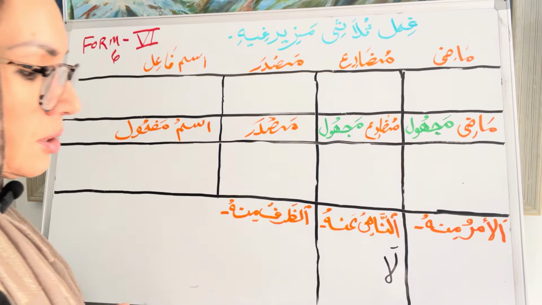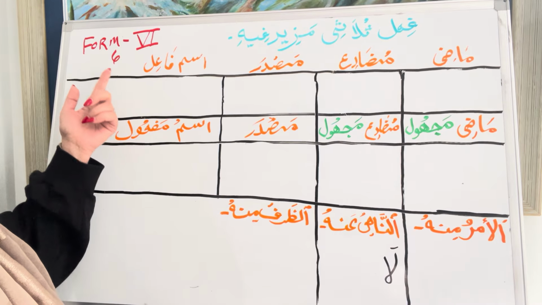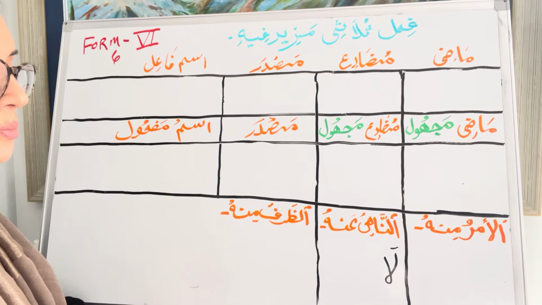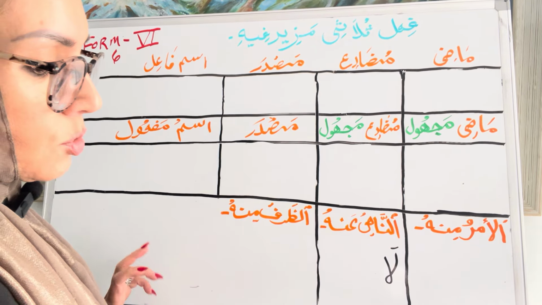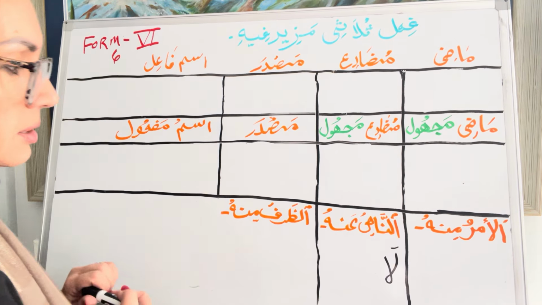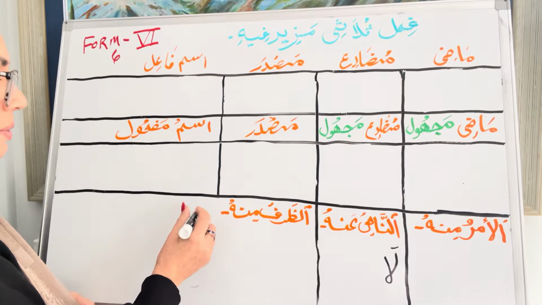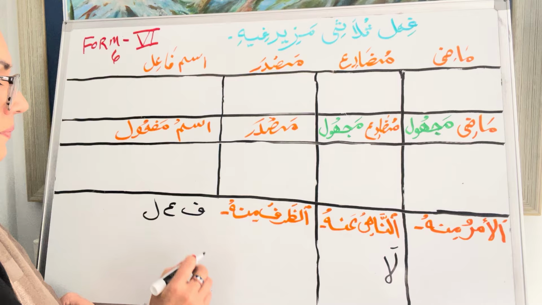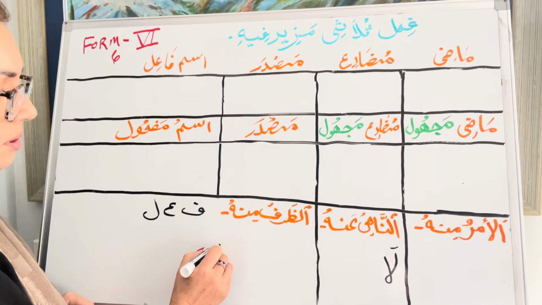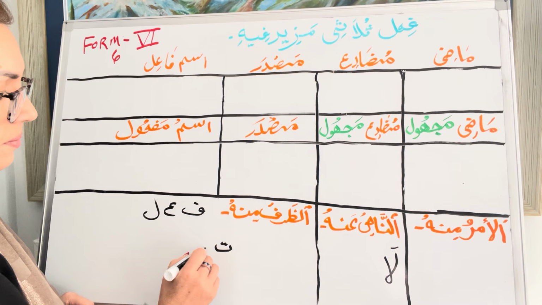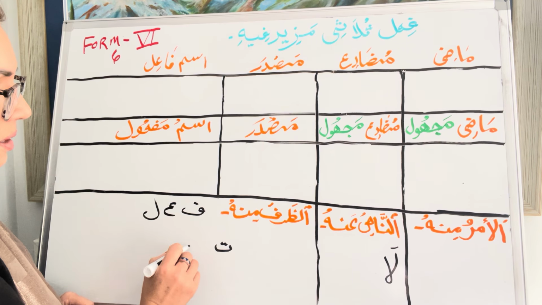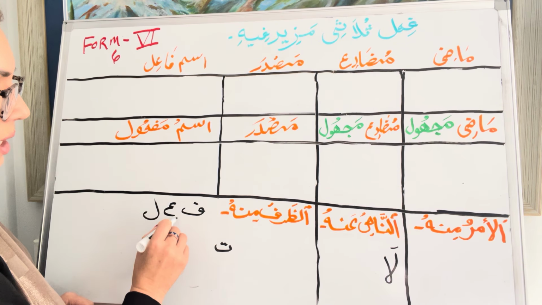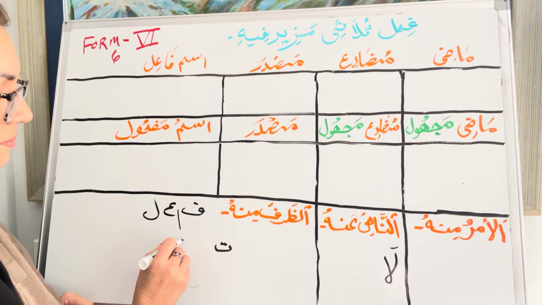And this pattern, which is form 6 now, has 2 things added here. Let's go back to the basic 3 root letters. Fa, ayn, lam. So a ta is added, and then an alif is added here.